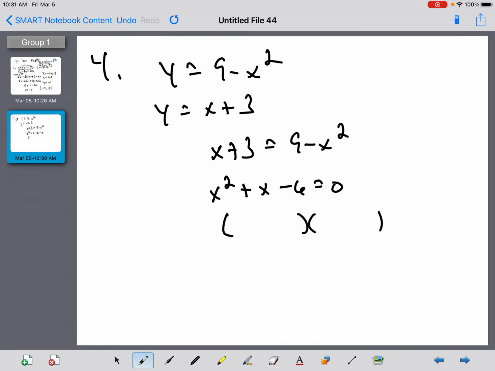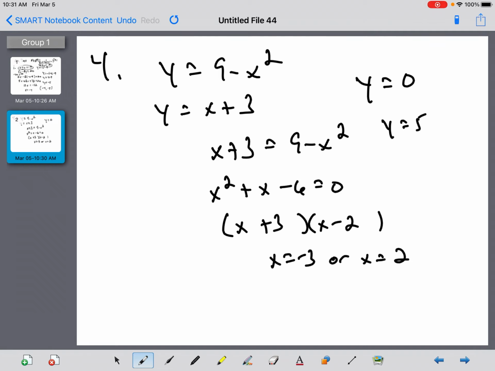And then this is going to factor into an x plus 3, x minus 2, so you get x equals -3, or x equals 2, and then y is going to end up being, if you put -3 in here, 9 minus 9 is going to be 0, and if you put in x equals 2, you're going to get y equals 5. So it looks like my ordered pair answer should be -3, 0, and also 2, 5.